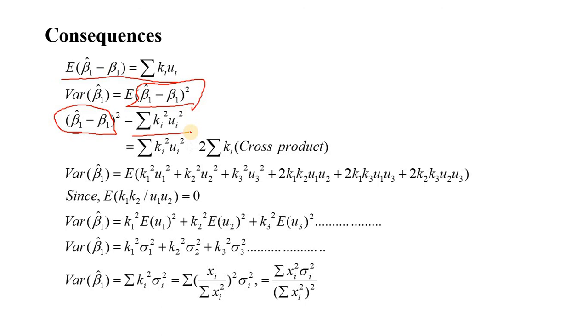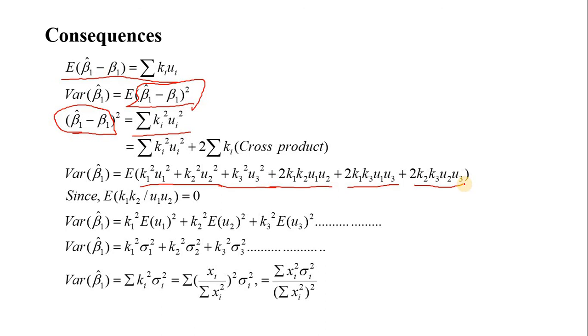So if we are having only three values, 3 k's and 3 u's, it will be sigma k1 square u1 square plus k2 square u2 square plus k3 square u3 square. Then we take the cross products: 2k1 k2 u1 u2, 2k1 k3 u1 u3, 2k2 k3 u2 u3.